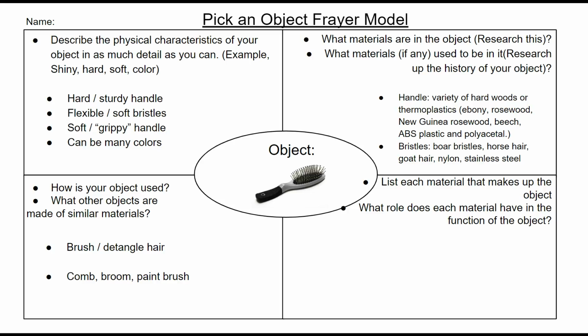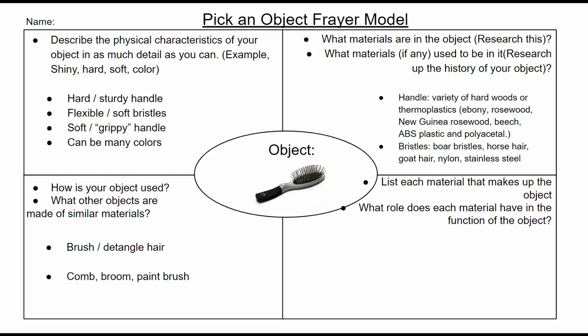So I was just talking about what materials are in your object. The other question is what materials, if any, used to be in your object. So I included current and former materials in a hairbrush in the same descriptions there.